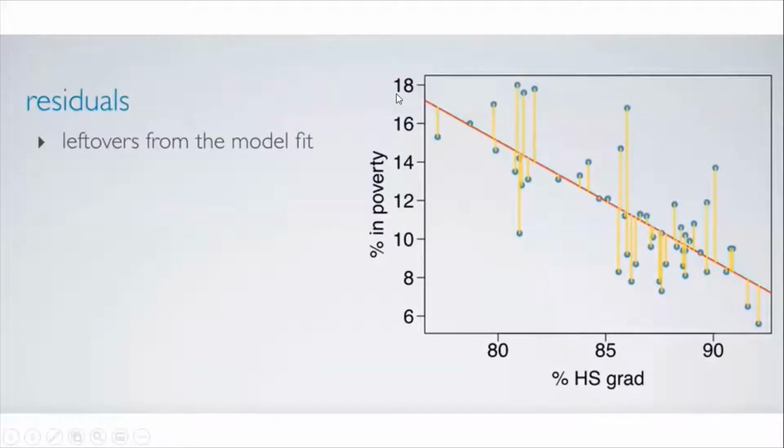In linear regression, what we are always trying to do is fit all these points. Let's call these green points the data. We want to give it a line that perfectly represents the relationship between high school graduates and poverty.